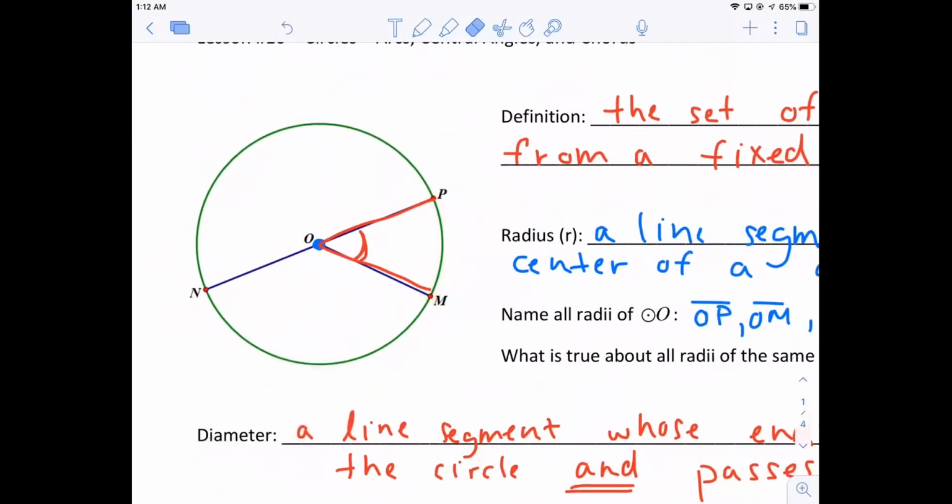Right? But like we were talking before, angle POM could also be referring to this angle. So if we're referring to that angle, well then, here is the major arc intercepted by angle POM.